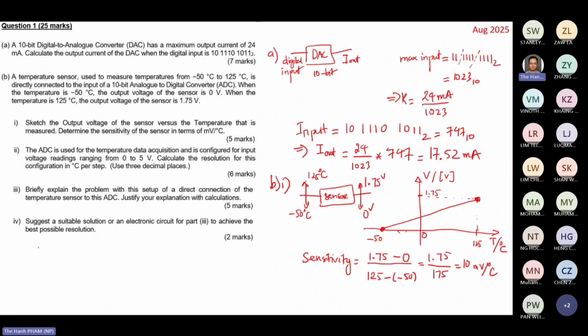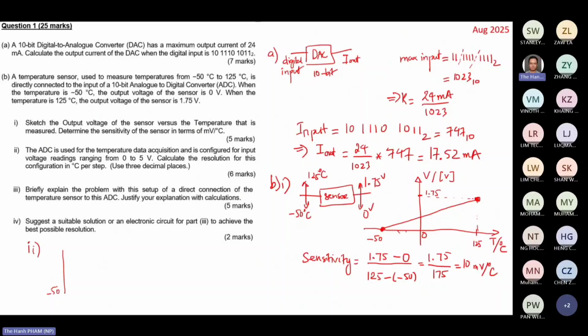So for question 2, for visualizing, when I write for you, I try to do some explanation. When you write in your answer booklet, you don't need to write too much like what I'm writing here, because I'm trying to explain for you.